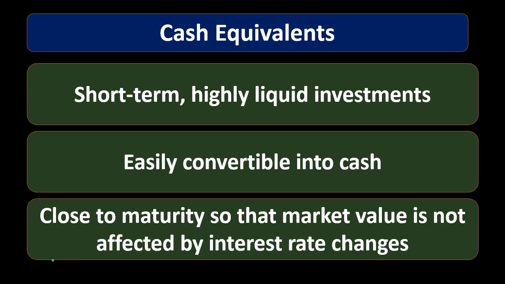Close to maturity, so that the market value is not affected by interest rate changes. If something is really close to maturity, then we're going to say it's pretty close to cash because it's right next to the maturity. And therefore, we're going to include it in cash on the balance sheet, and we're going to be using it within the statement of cash flows to look at the change in cash.